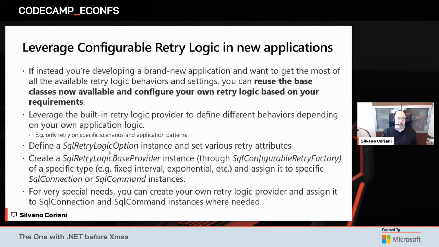So the key here is this SQL retry logic option class. We can create an instance of this and basically define those max number of retries, the pattern that we are using, and so on. And then we are basically going to associate that retry logic to our SQL connections and SQL command. Right? That's what we need to do.